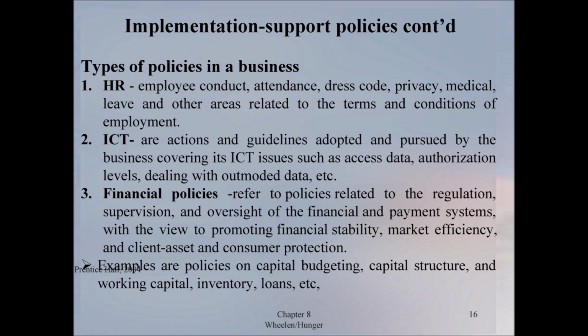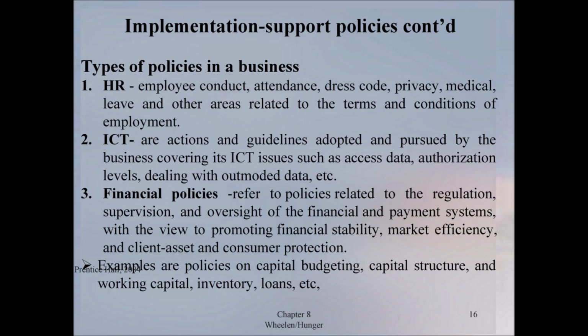So for all these things, it's necessary to have policies so that they will guide what you need to be doing in the business. And then you have also the ICT policy. You know, ICT keeps information, so you need to know who is authorized to do what. So for example, if you see the ERP, how can I access certain information you cannot access?